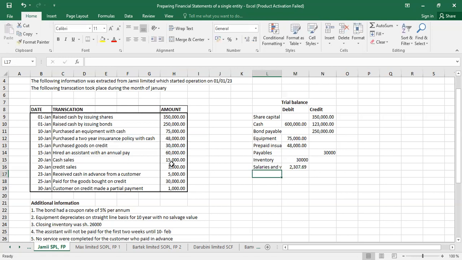So we'll have accrued salaries because you will not be paid. So the account we will be debiting will be accrued salaries. Maybe let me just call this one salary so that it doesn't confuse me when I go to writing, isn't it? So the account we will be crediting will be accrued salary, isn't it? Continue.